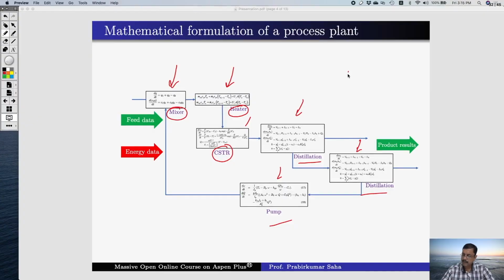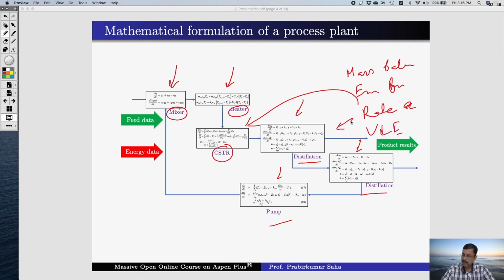And these equations have been taken from textbooks. They are well-known equations. They have been developed from mass balance, energy balance, rate equations for CSTR, the vapor-liquid equilibrium in case of distillation column, etc. So these are all standard equations whose structures are the same. No matter which distillation column you use, they remain the same.